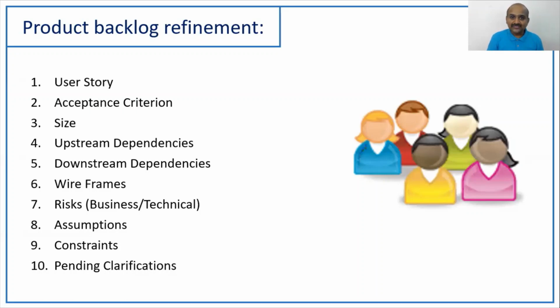So what is grooming, my friend? Grooming is not simply walking into a product backlog grooming session, talking about user stories and coming back. No, it's all about rich conversations around the user story, acceptance criteria, sizing, upstream dependencies, downstream dependencies, wireframes, risks, assumptions, constraints, and pending clarifications.